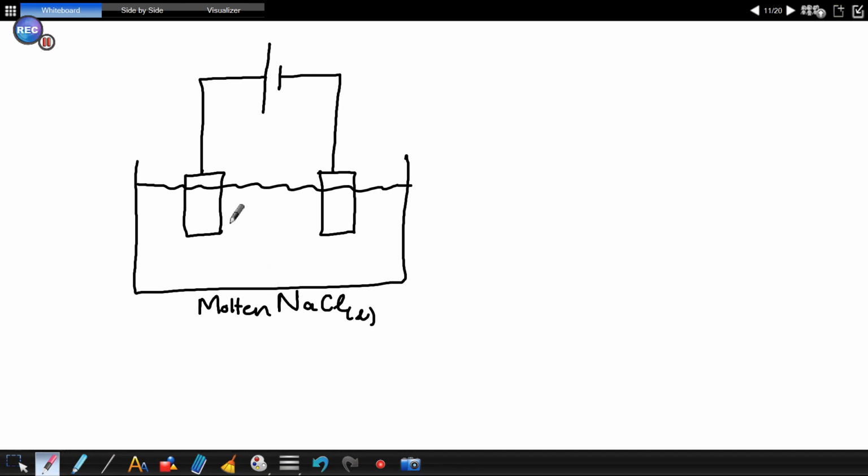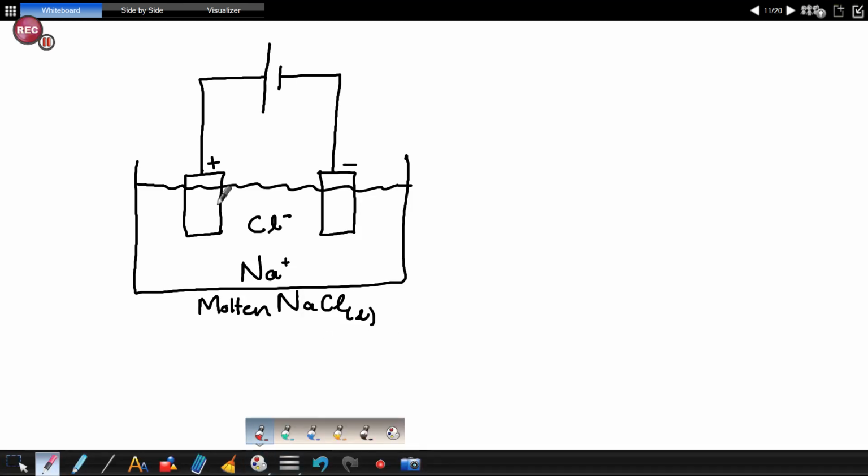Right, so let's look at it. This is the positive terminal, that is the negative terminal. Sodium ions will be present in this liquid, and chloride ions will be present in the liquid. Where will the chloride ions be attracted to?